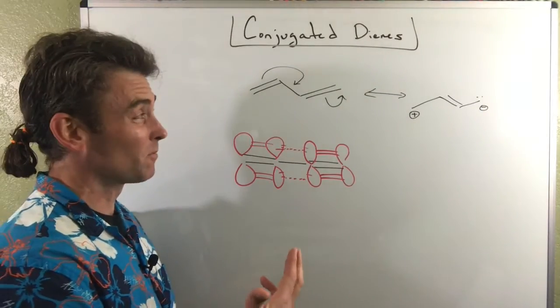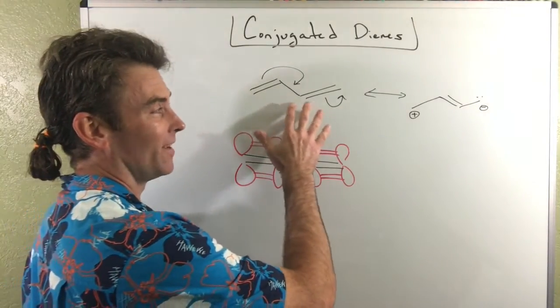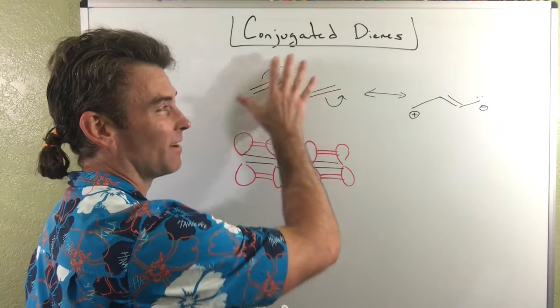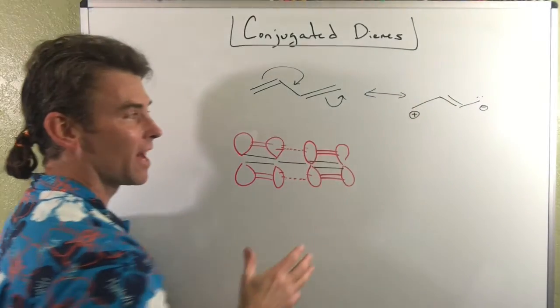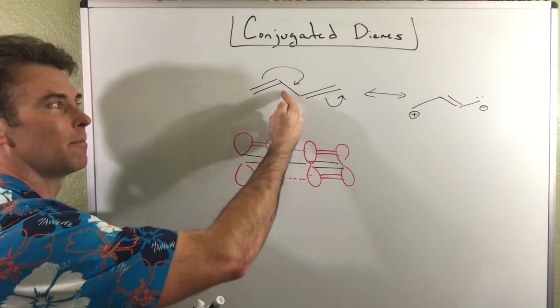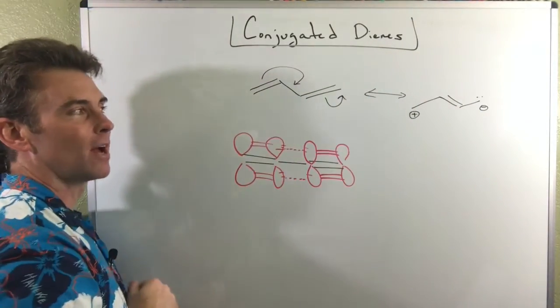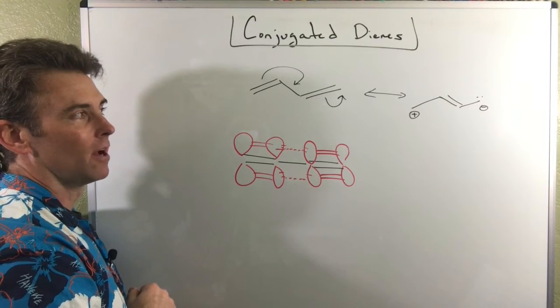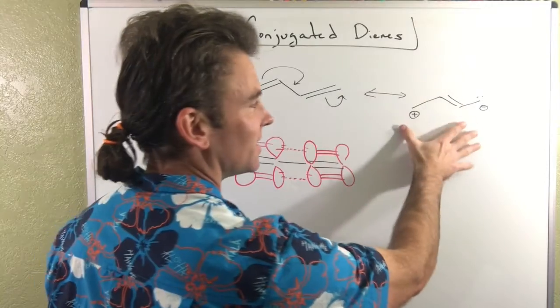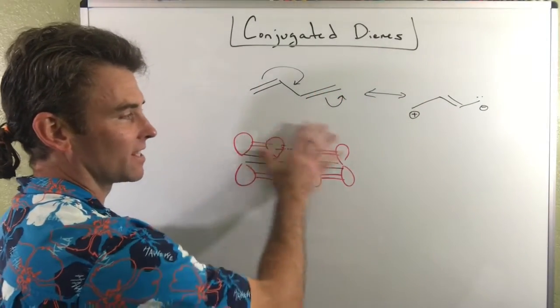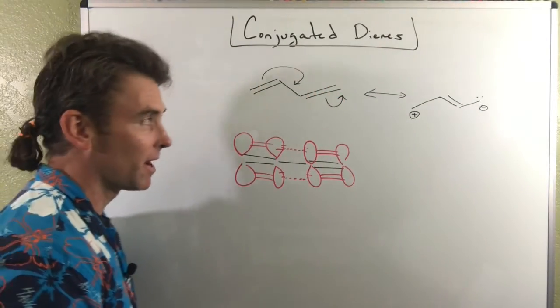It's really more like 98% in this form, and maybe a 2% contributor in terms of that. But what it does do is impart a little bit of double bond character to that bond. So you're actually going to imagine this picture as representing this delocalized pi system here.